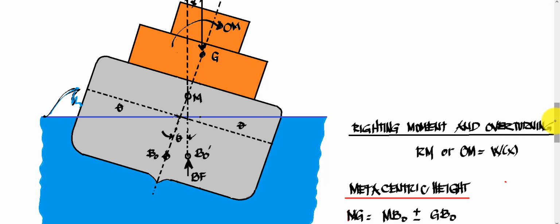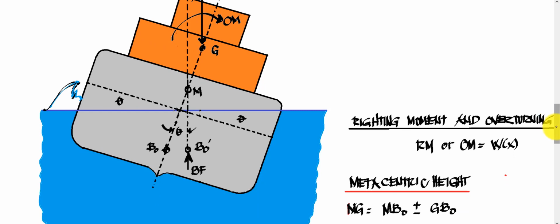Looking here, we have the MBO, M to BO, plus or minus, it depends on the situation, GBO, to determine the MG, which is your metacentric height.